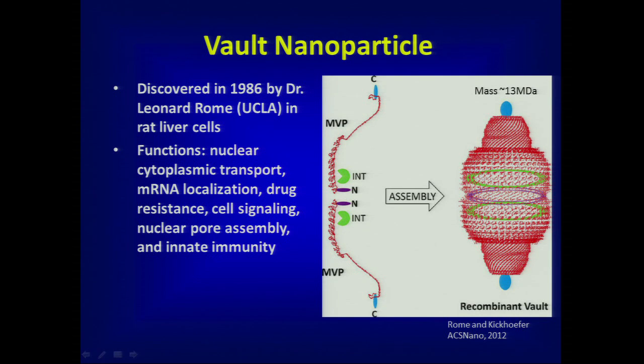Within the Vault particle itself, there are 2 vaultmers, composed of about 38 of these MVP proteins each. The mass of the nanoparticle is approximately 13 megadaltons, which makes the Vault nanoparticle the largest ribonucleoprotein described in eukaryotes.